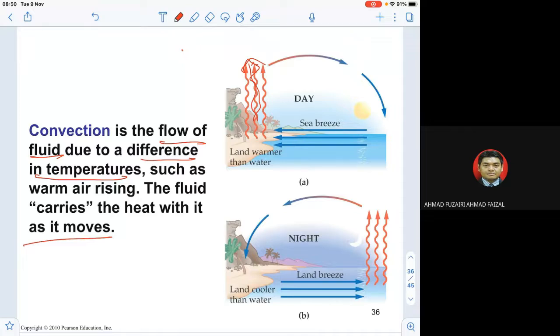So the sea breeze will flow from the sea to the land.